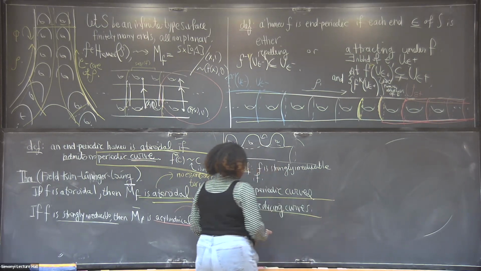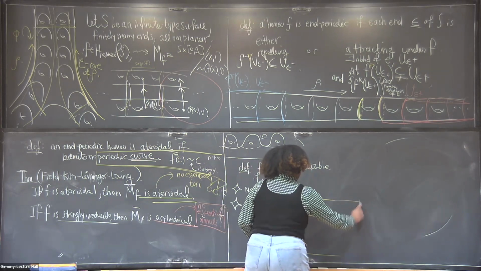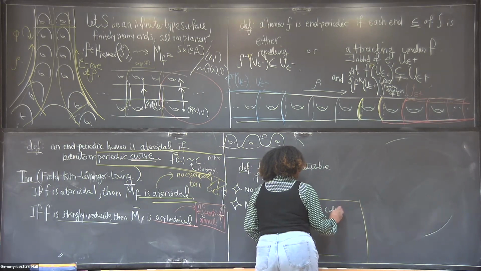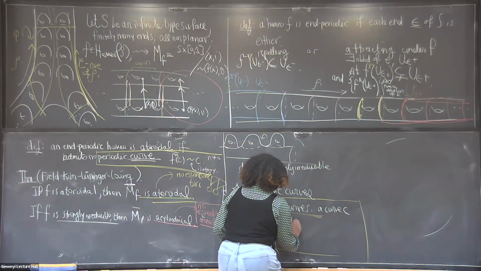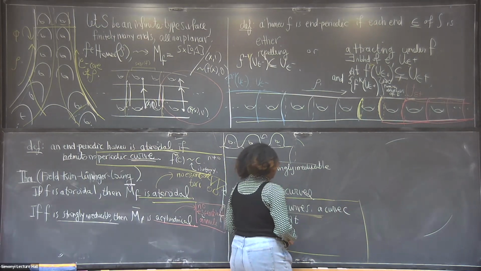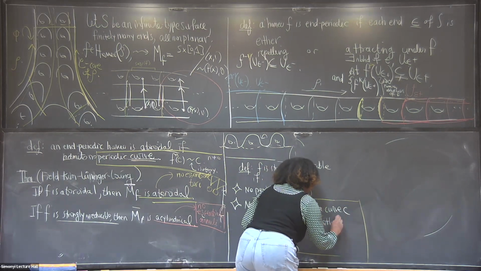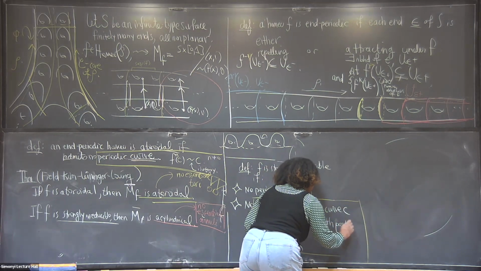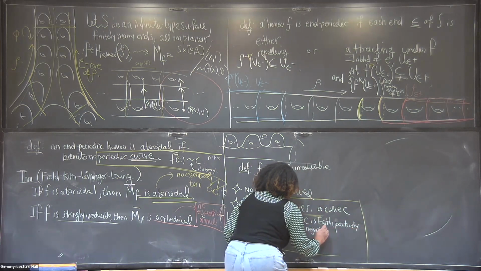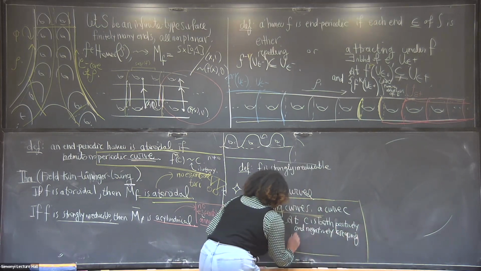A reducing curve is a curve C such that C is both positively and negatively escaping under the map F.